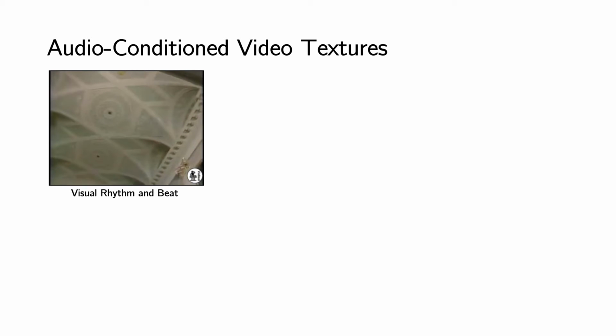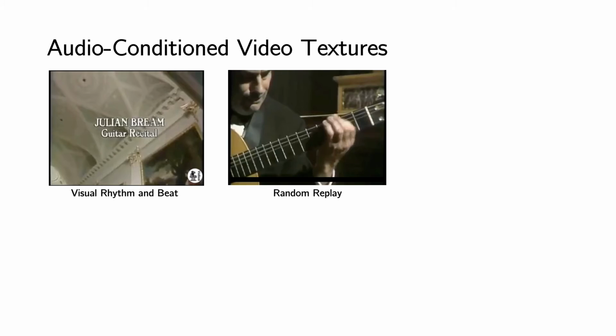And a conditioning visual rhythm and beat warps the input video to match the beats of the conditioning audio. But as seen, the video and audio are not synchronized. Random replay overlays the conditioning audio on a random section of the input video.